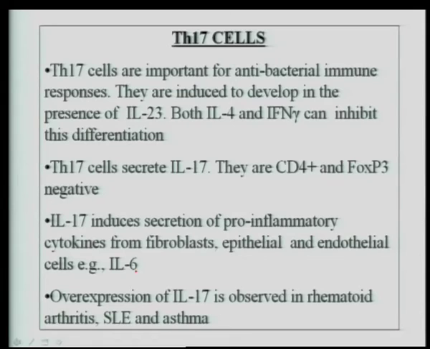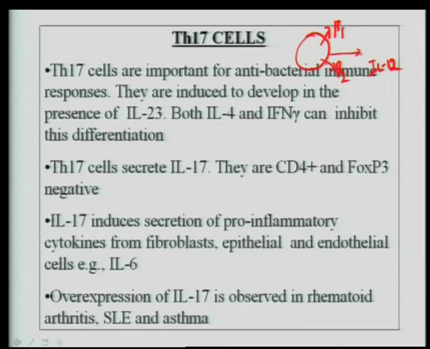you see that basically the Th0, or the precursor, will be having a receptor for IL-12 receptor beta 1. Once this differentiates, gets activated by antigen, it puts out beta 2 receptor, which is for the IL-12 cytokine.